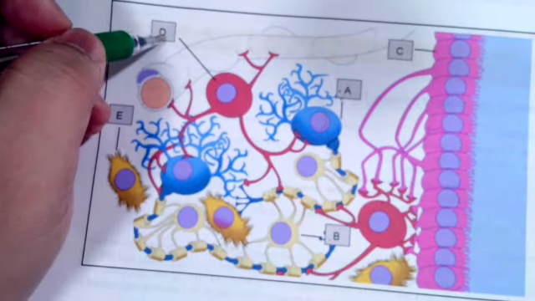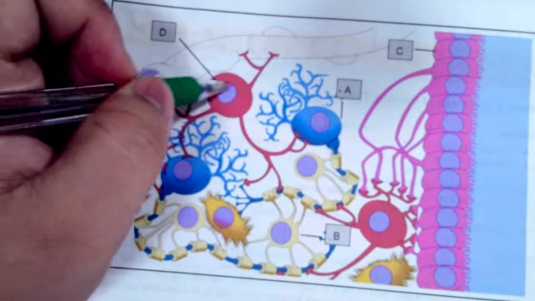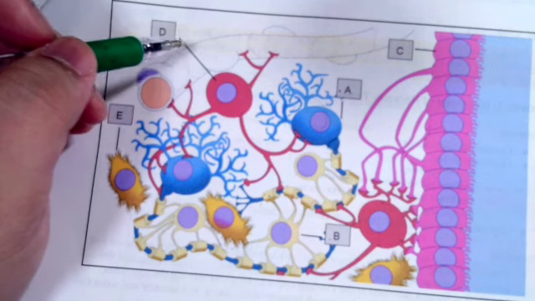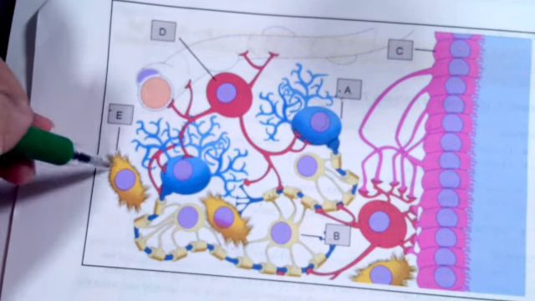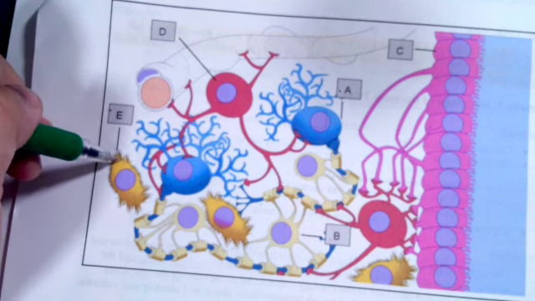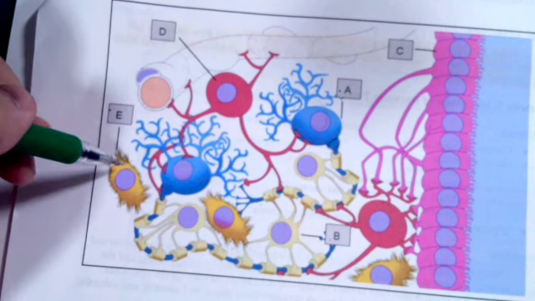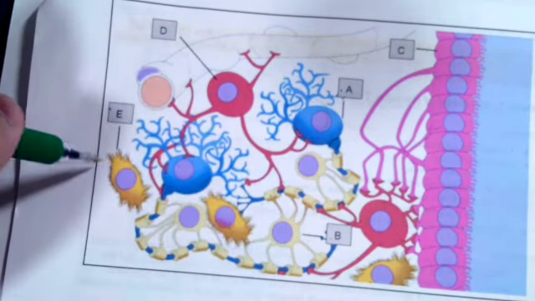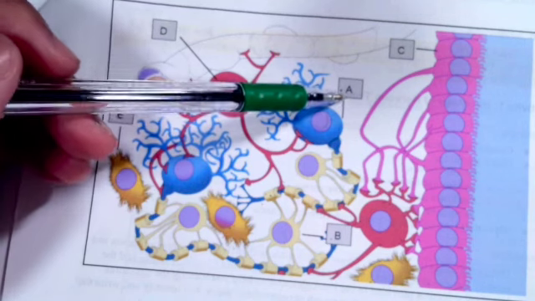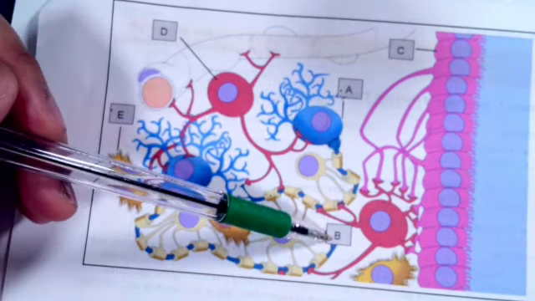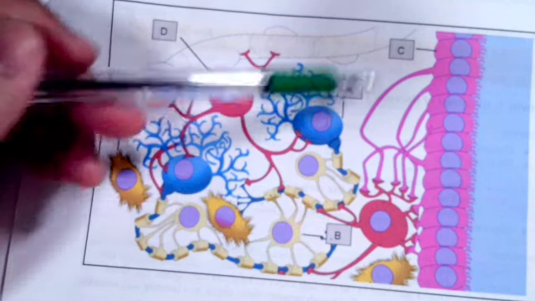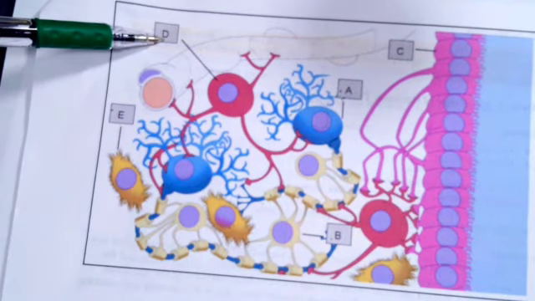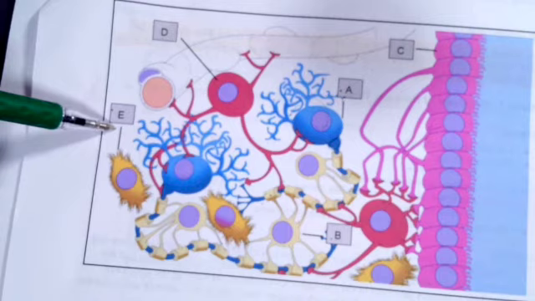And letter D, this red structure over here, is what we call the astrocytes. And the last one, this structure over here, is what we call the microglial cell. Again, letter A, neuron. Letter B, oligodendrocytes. Letter C, ependymal cell. Letter D, astrocytes. And letter E, the microglial cell.